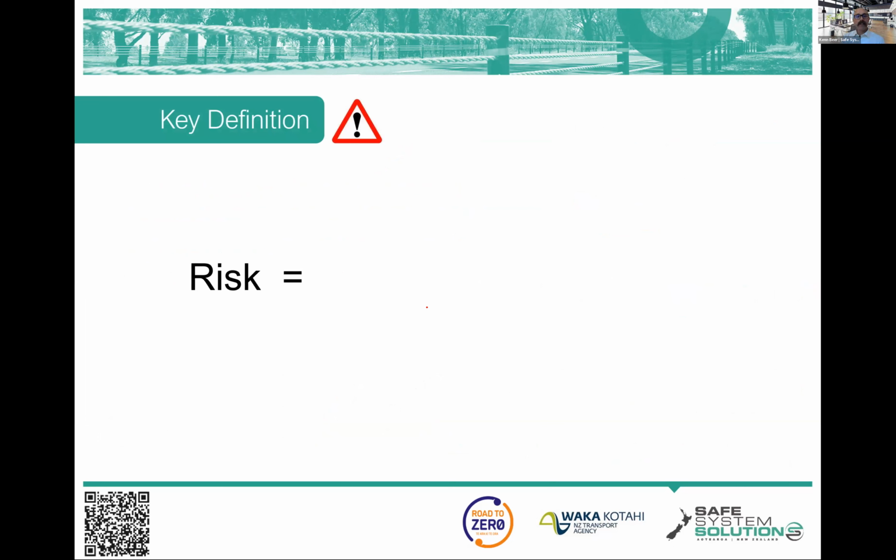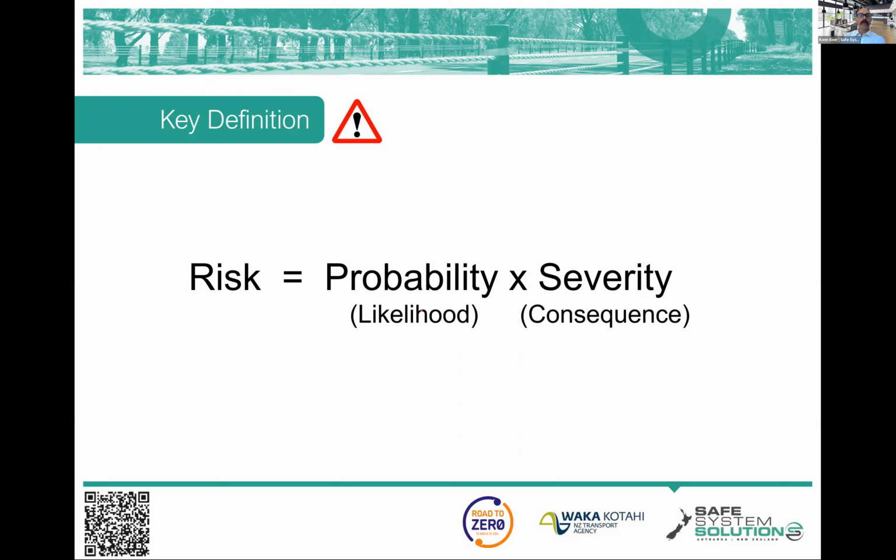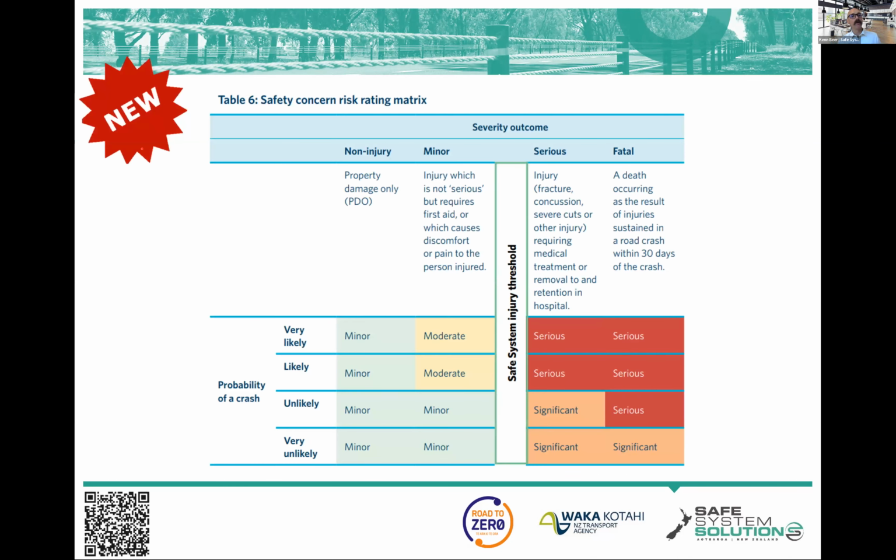Now, risk we talked about for the safe system assessment component. The first part was exposure and likelihood and severity. When we get to the road safety audit part, we're just using a standard risk matrix for these specific issues we've grabbed and refined, and we do probability times severity, and we use the new risk matrix from the Waka-Kotahi guidelines.